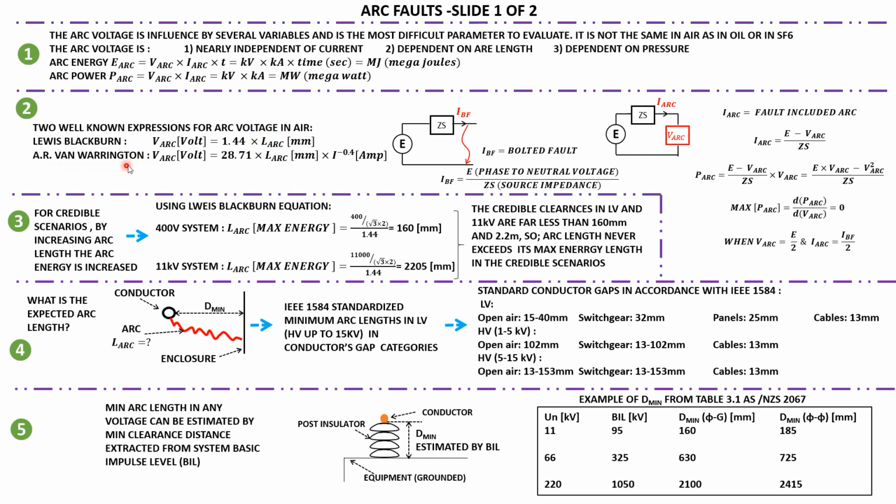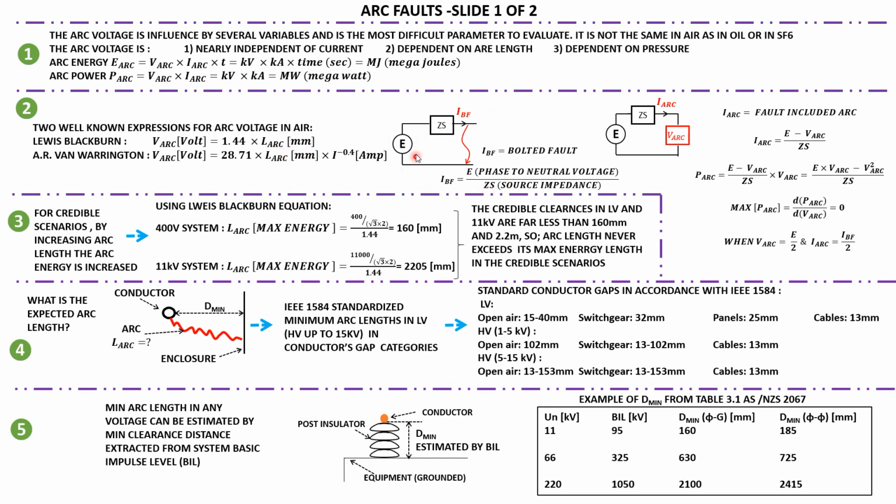And we have the Van Warrington equation, which has some sort of impact from the current, but is still proportional to the arc length. So for the sake of simplicity and comparison in this presentation, we're only using the Lewis-Blackburn equation, which has proportionality to the arc length.